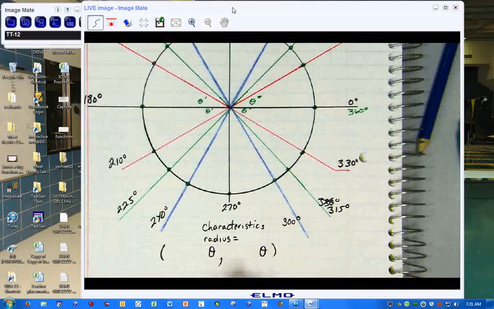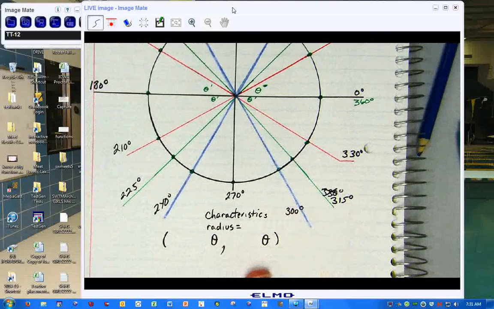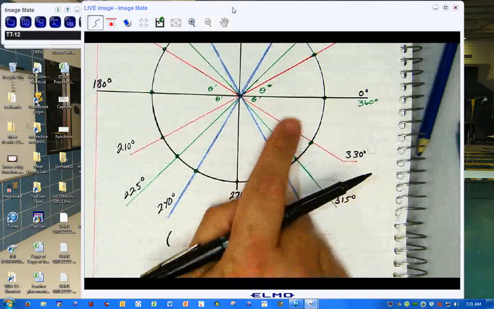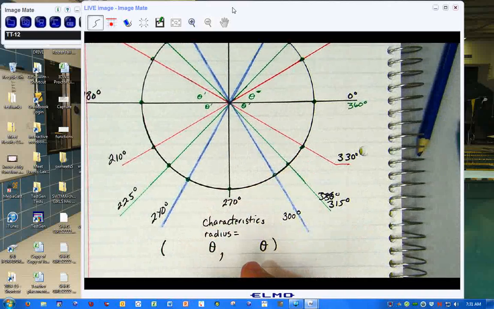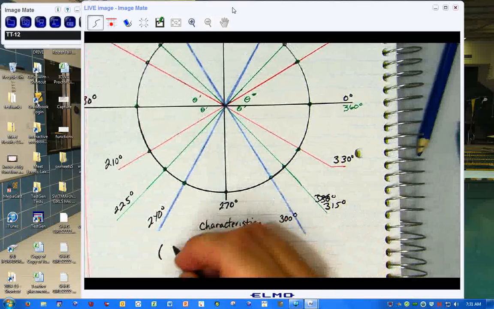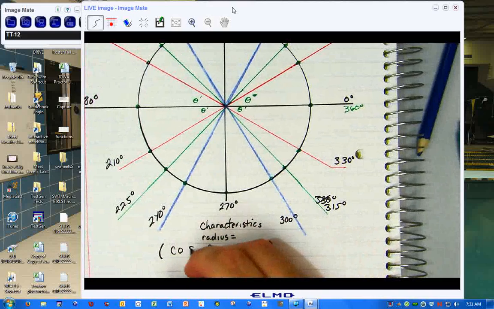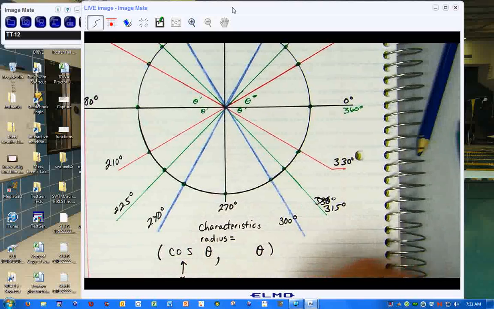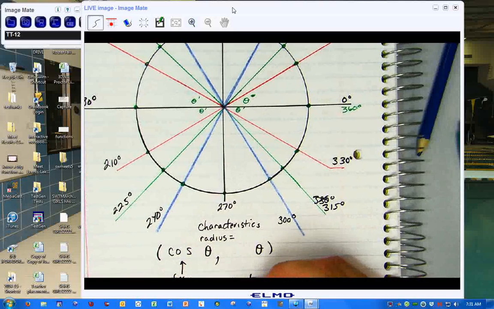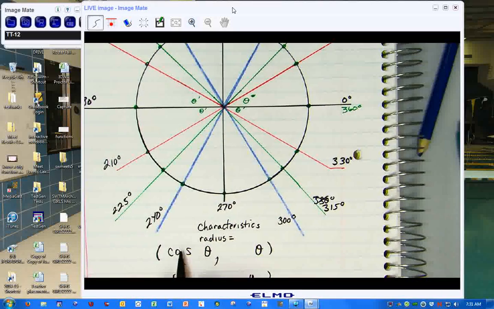Now, think back to Chapter 1. All the x values represent which trig function? Cosine. So the x values are going to be the cosine of theta. So this represents the x value in x comma y. So cosine is the x.